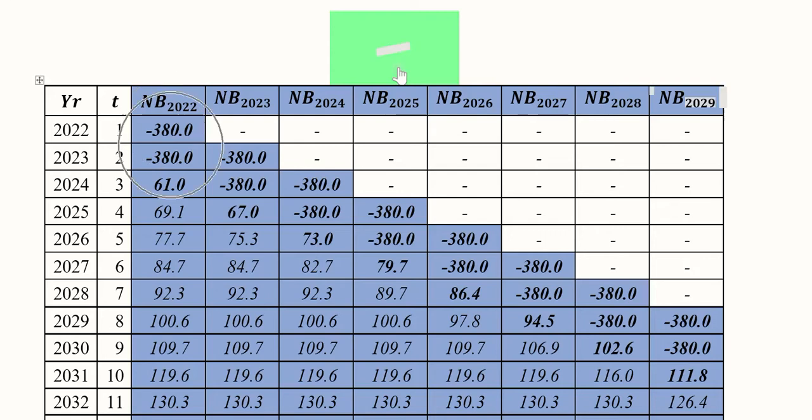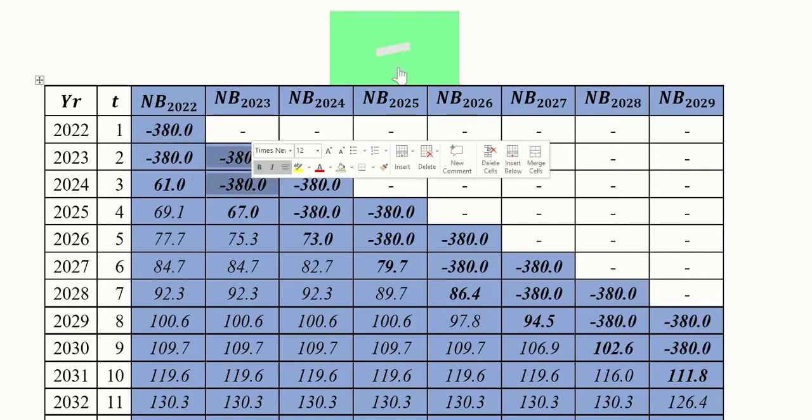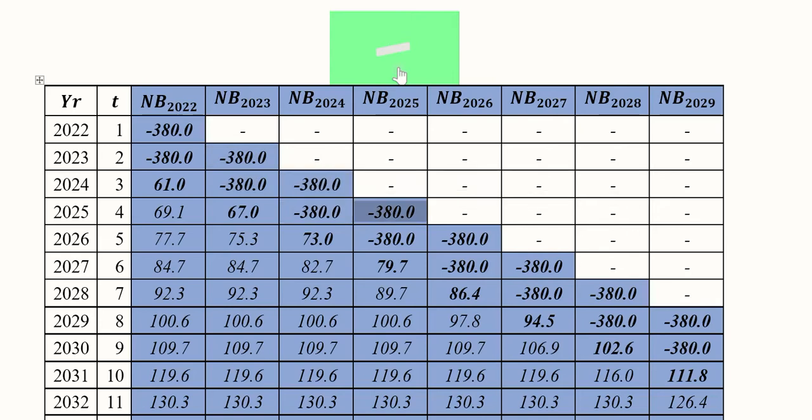So you can see that the first two values are the construction cost or the initial cost. This is why the net benefits are negative in all of these possibilities, and they are the same. These values are the same because they are showing the beginning of the project, and that is the same project, and we are talking about the construction cost.